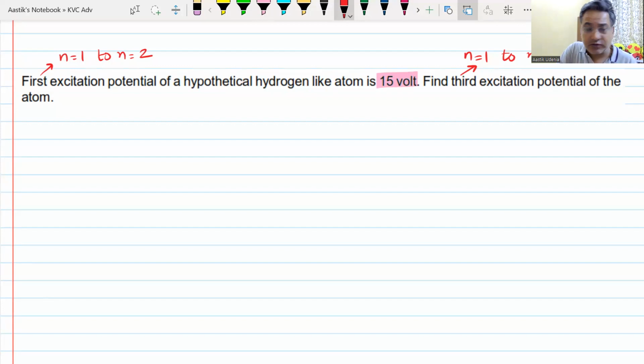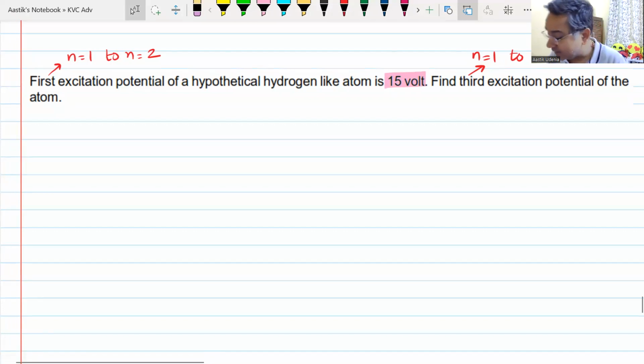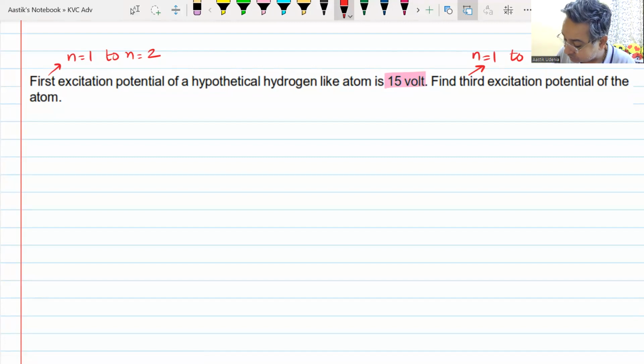When I talk about the first excitation energy, that would be the energy required to move this electron from n equal to 1. First excitation energy, let me call it delta E1, will be energy in the second level minus energy in the first level. I hope you understand this.